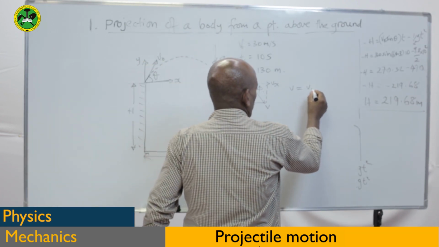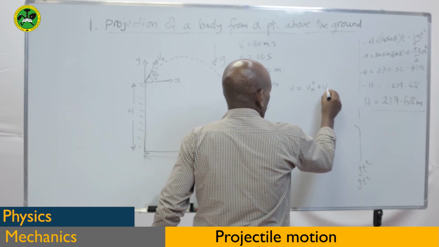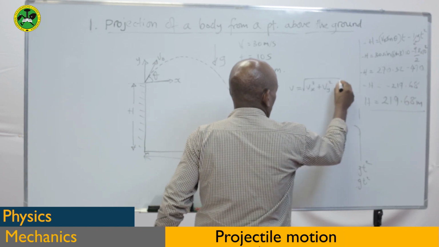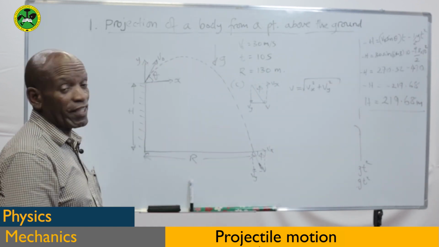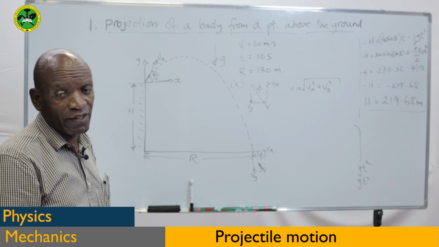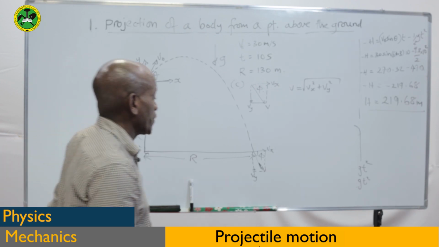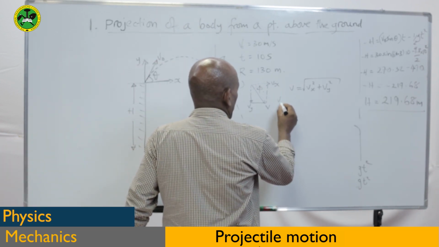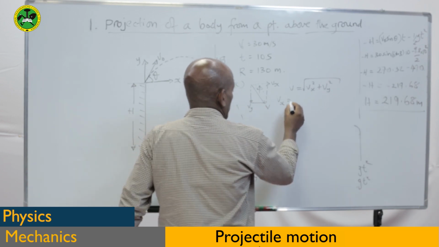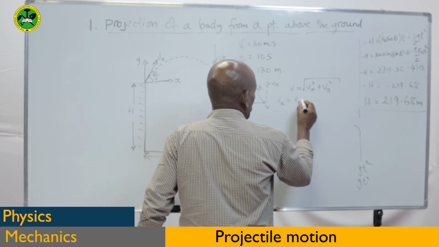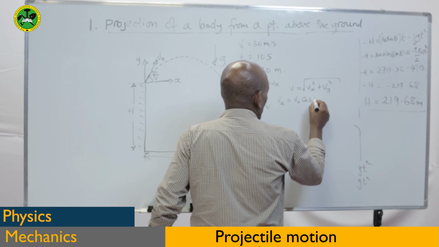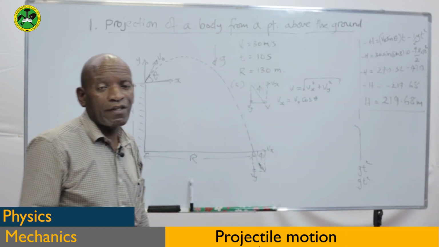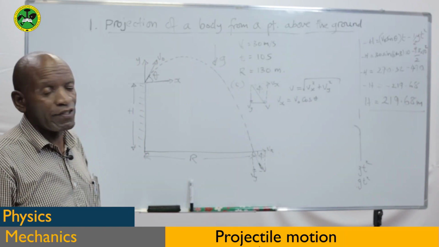That is, v is equal to the square root of vx squared plus vy squared. We need to know vx, the horizontal component of velocity, and vy, the vertical component. The vx is equal to v naught cos theta. Remember here we are using our expression v is equal to u plus at.